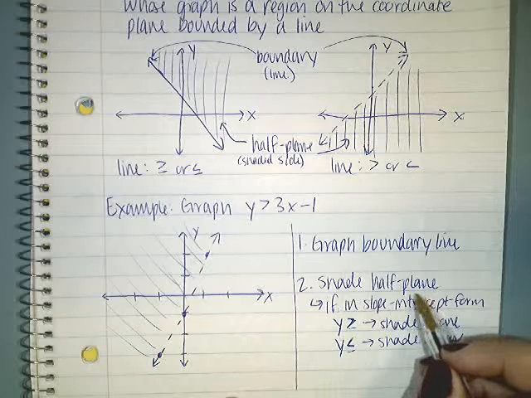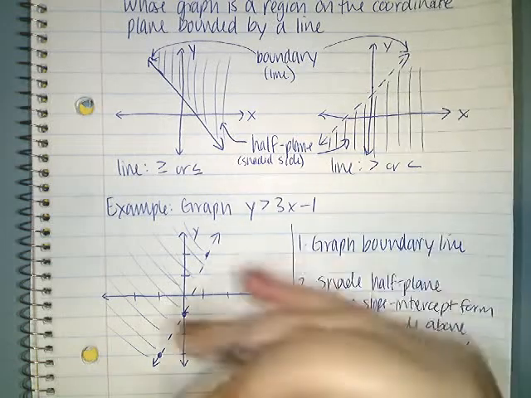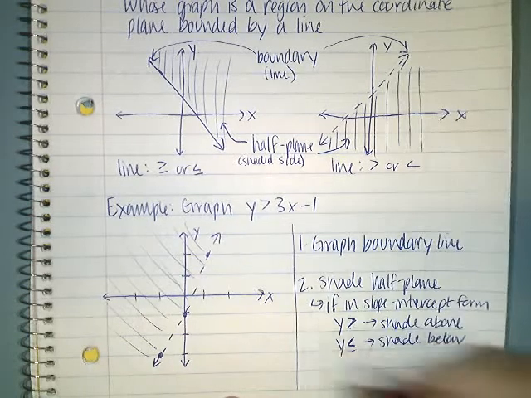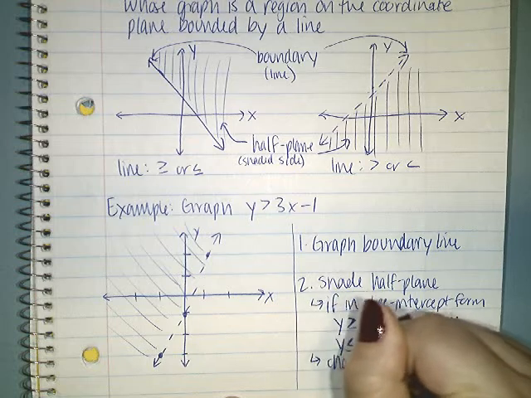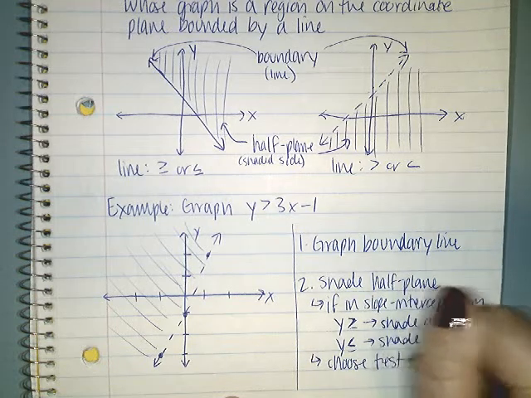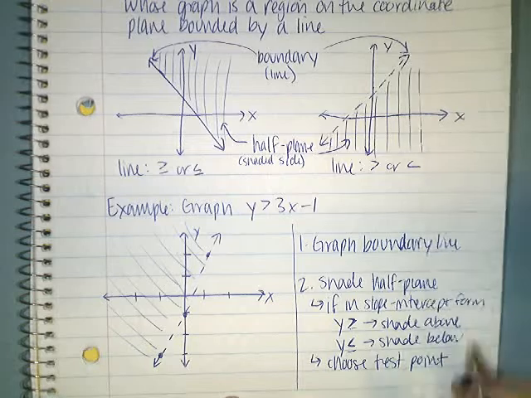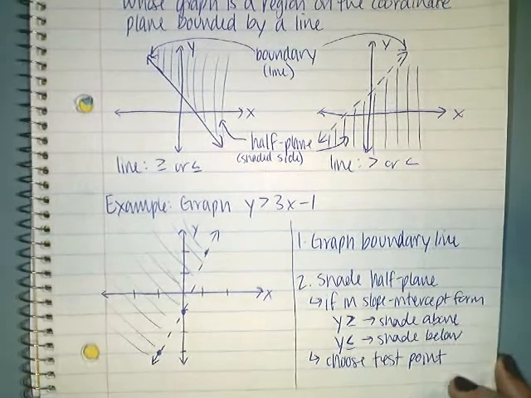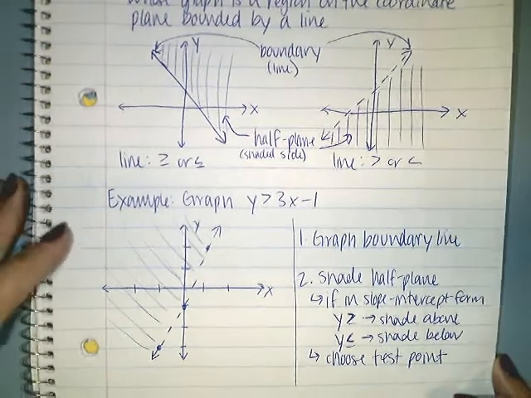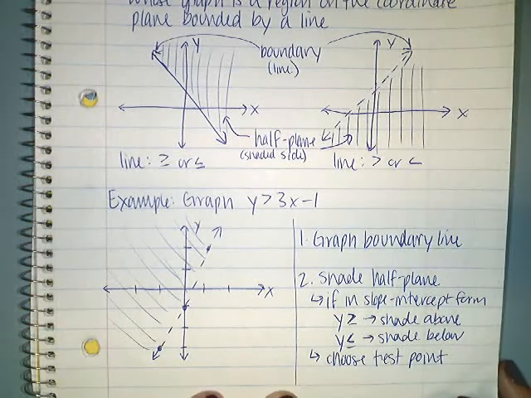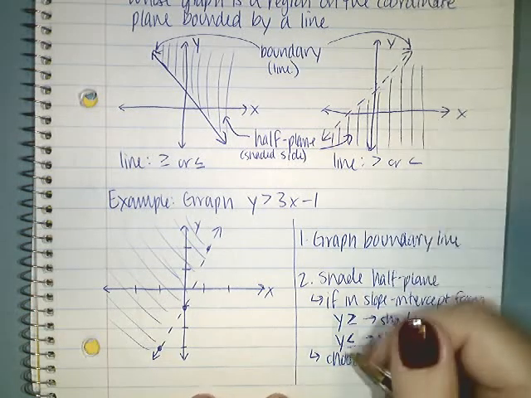However, if you are not sure which way is above and below, you can also choose a test point. This also works if you don't have slope intercept form. If you had standard form, if you just plotted the intercepts and connected them, you can figure out which way to shade by using a test point. So what this means is you choose a point.